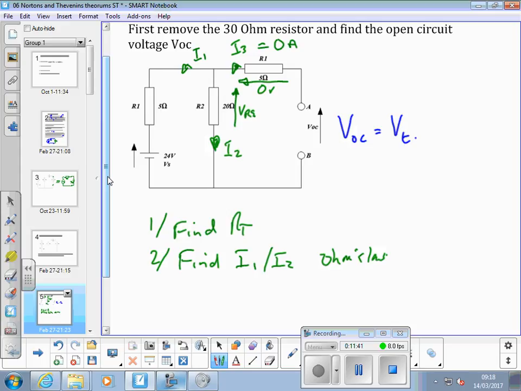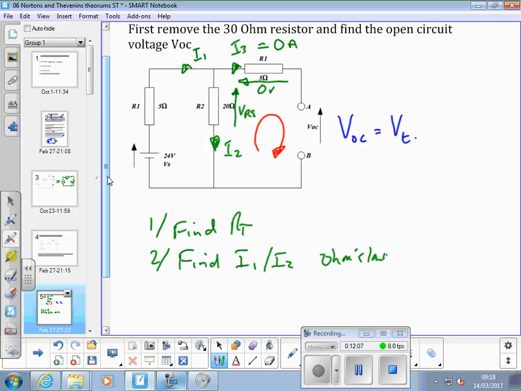Now what have we got that will help us find this? I'm trying to help you understand why VOC is the value it is. It's in parallel. The key to this is that there's no current through that resistor. We've got a Kirchhoff's voltage law loop around there.